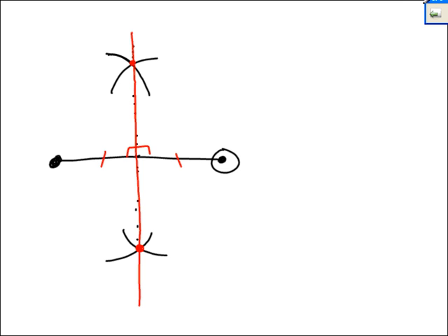How do I know this? Well, this point here is the same distance from A and B. Think about how we constructed it. It's the same distance. Oh, so that means the base angles are equal.